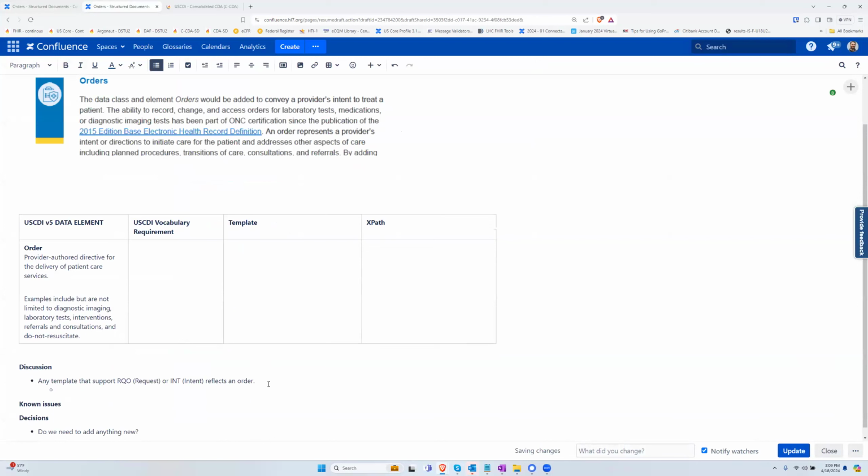It's a directive, not necessarily an advanced directive. In writing definitions, you shouldn't use the word to define itself, so we used directive instead of order.